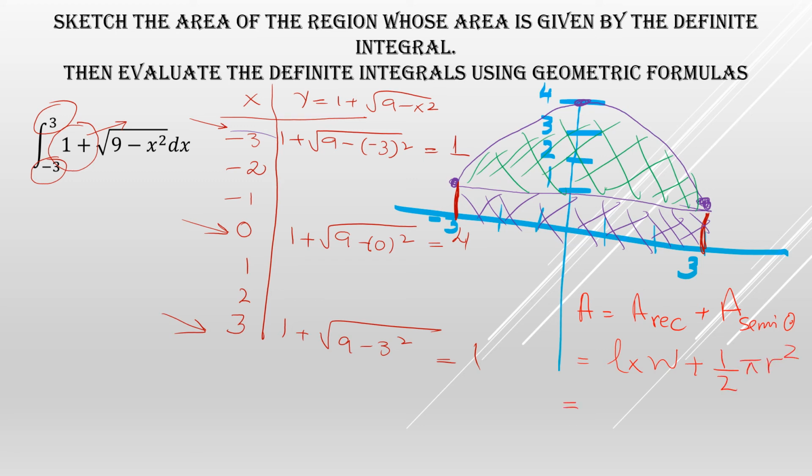So look at the rectangle. How many boxes do you have for the length? Just count the boxes: 1, 2, 3, 4, 5 and 6. So 6 is the length, and for the width you have only one box. Okay, so 0 till 1 you have only one box, plus half pi.